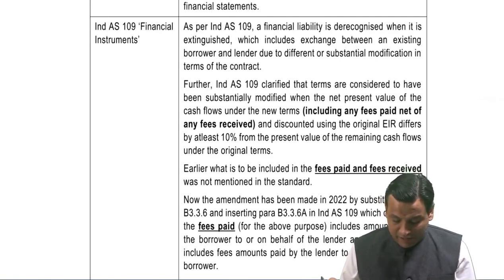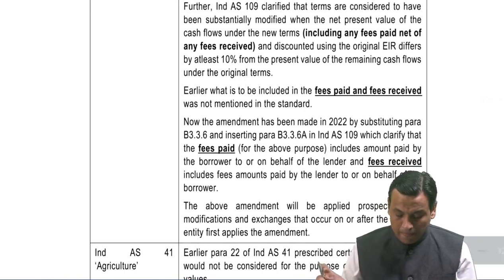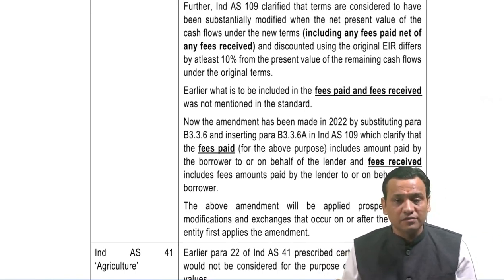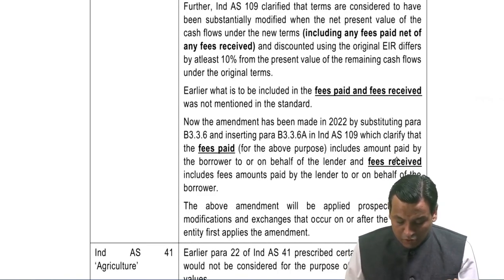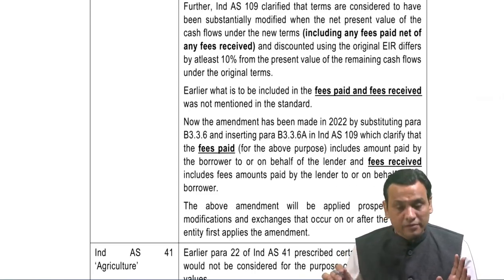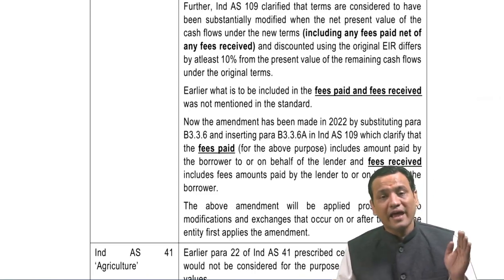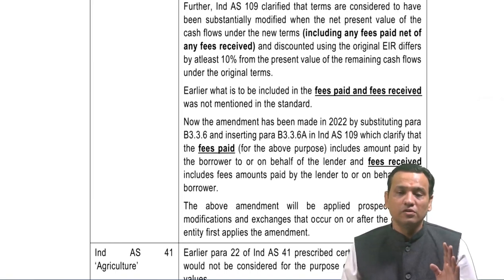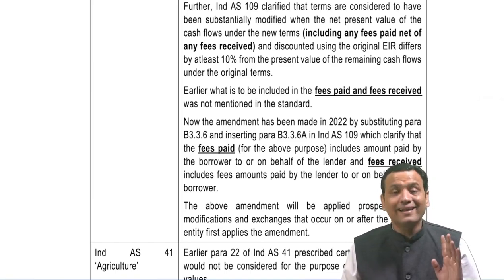Now, after the amendment made in 2022, it clarifies that fees paid includes amounts paid by the borrower to or on behalf of the lender, and fees received includes fees paid by the lender to or on behalf of the borrower. So the cash flows, when we are finding them out, will now include the fees. That clarity has been given.